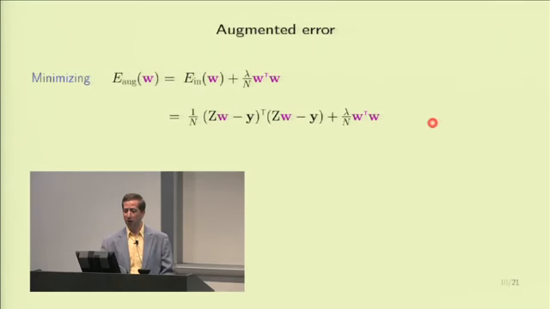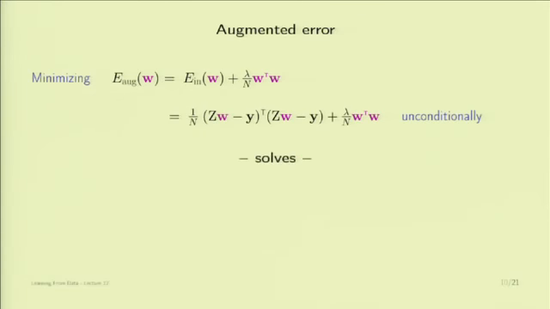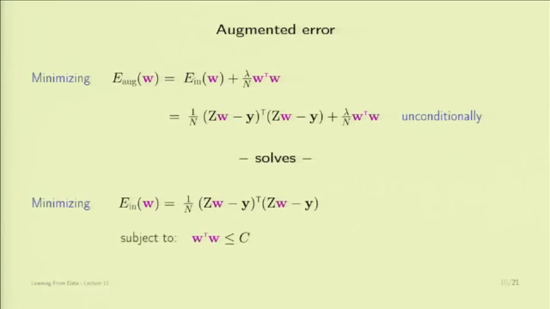This used to be a quadratic form, and now it's a quadratic form, so I don't think the solution would be difficult at all. But the good news is that solving this, which is unconstrained optimization, is equivalent to solving the following problem: you minimize E_in by itself, which we have the formula for, subject to the constraint.